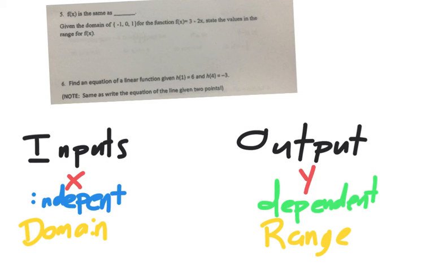This is not like the range you may be used to from mean, median, mode, range. This is a different kind of range. It's not the same vocabulary word. This range is just a list of all possible outputs.